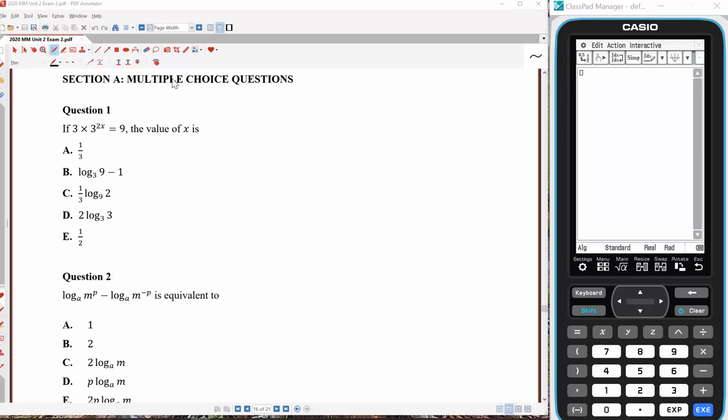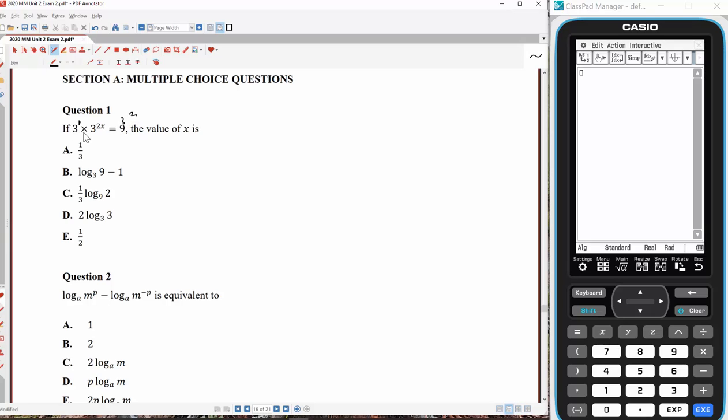All right, let's work our way through the multiple choice section of exam 2. So here we've got question 1, and note that this is tech active, but we'll see where we might use tech and where we might just be quicker if we don't use tech. So this one looks to be an equate the base type problem, so we'll go 3 to the 2.